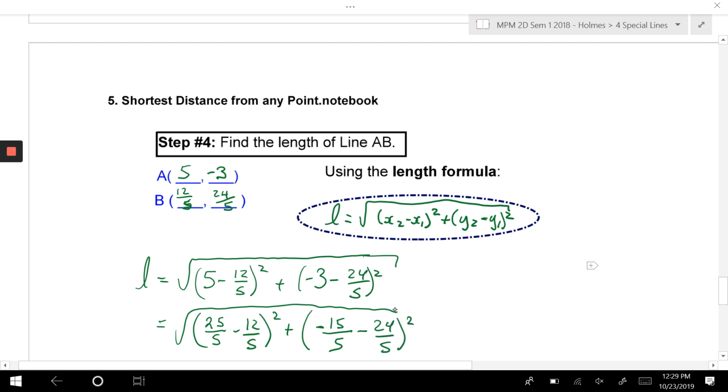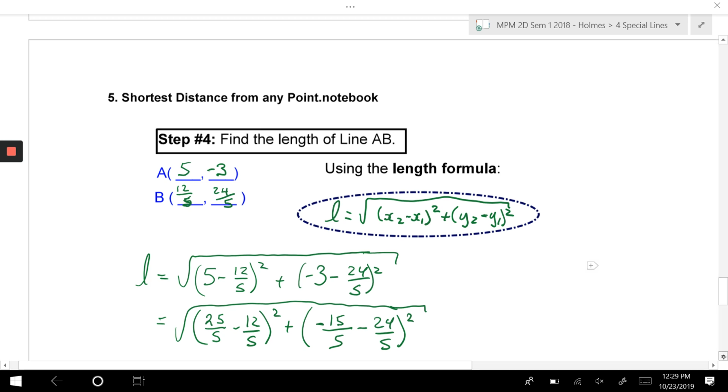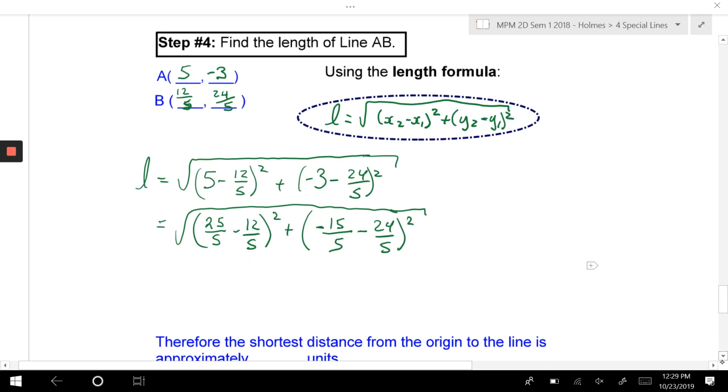Subtract 24 over 5 squared. 25 subtract 12 is 13 over 5. -15 minus 24 is -39 over 5.